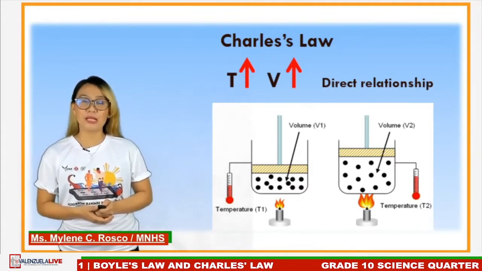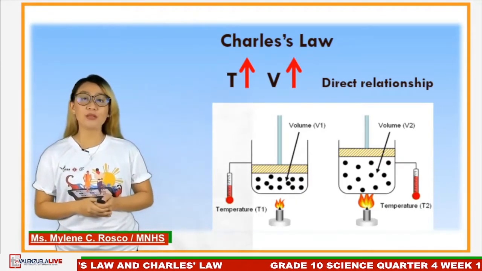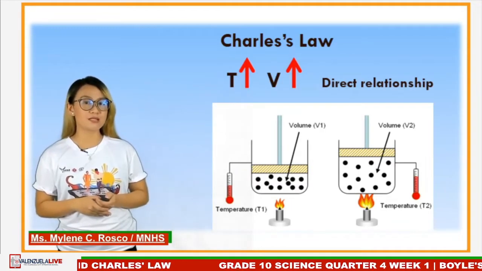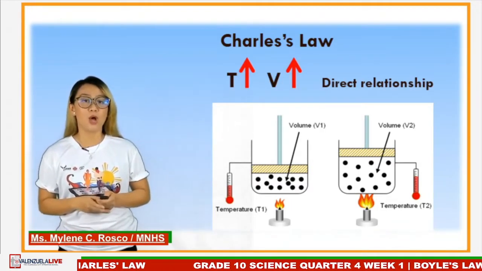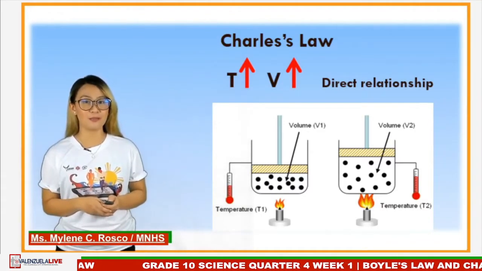Take note, the absolute temperature is temperature measured with the Kelvin scale. The Kelvin scale must be used because 0 on the Kelvin scale corresponds to a complete stoppage of molecular motion.